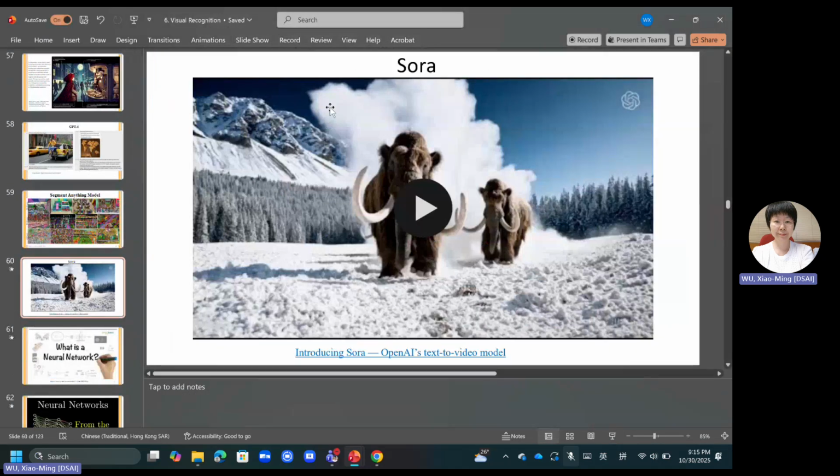I believe everyone has seen the Sora video, how a Gen AI diffusion model can generate videos based on a short description, based on text inputs.